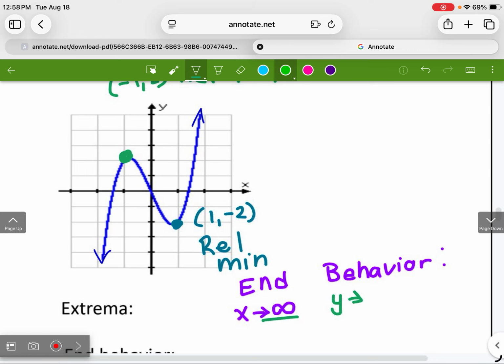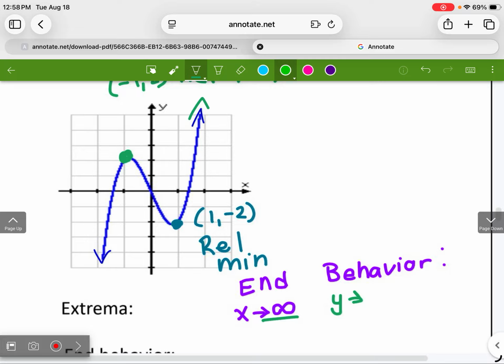Look at the right arrow. As x gets big, where's the arrow point? Is it going up or down? Up.